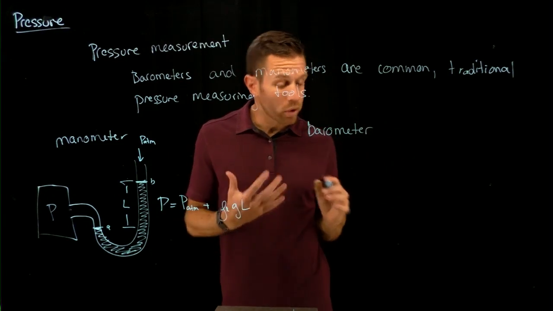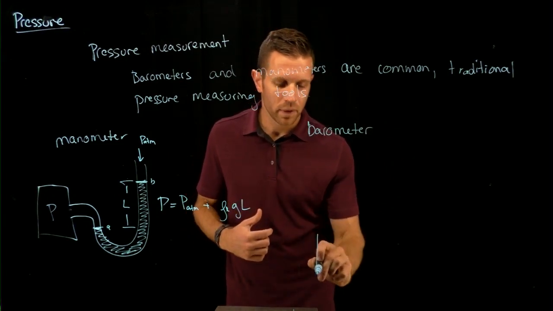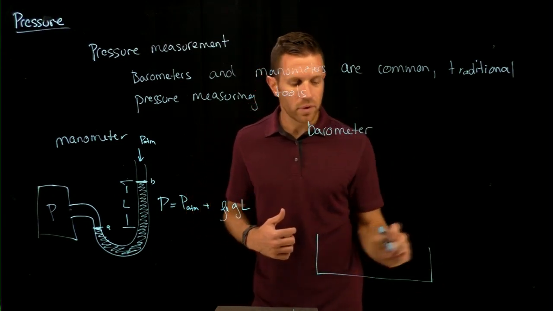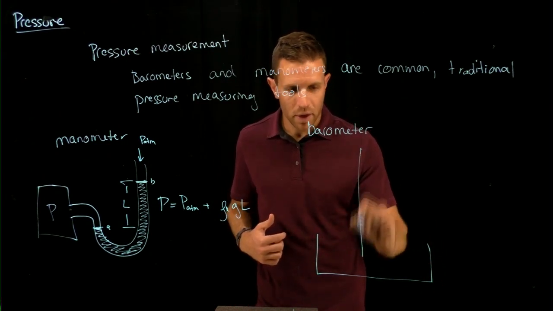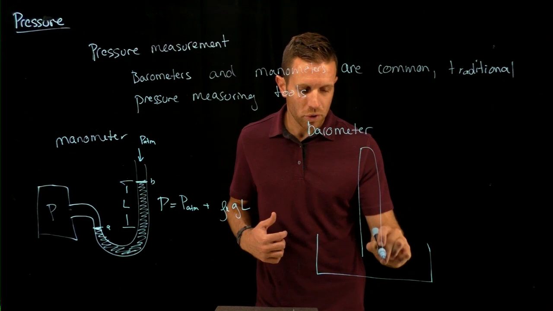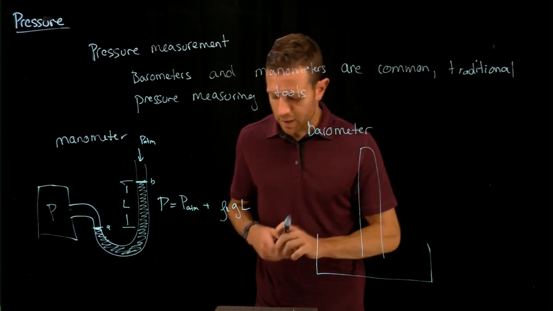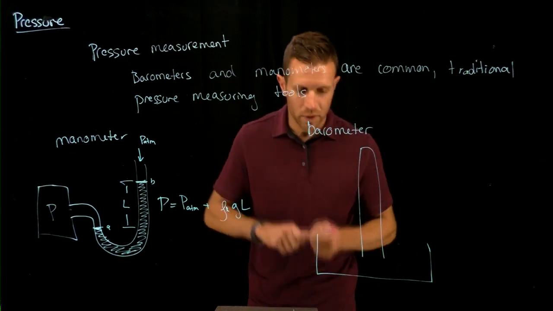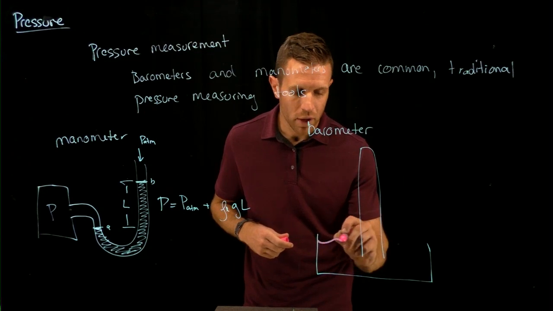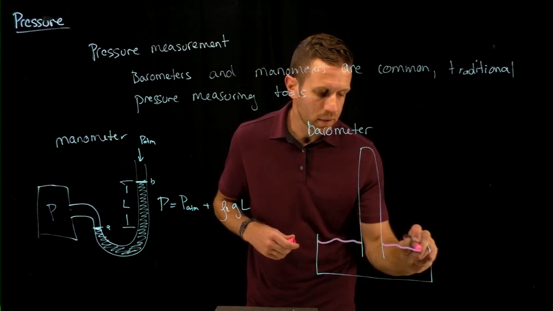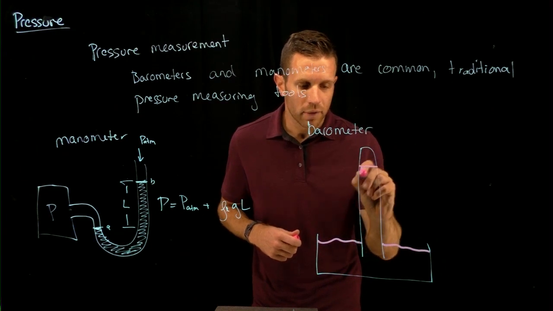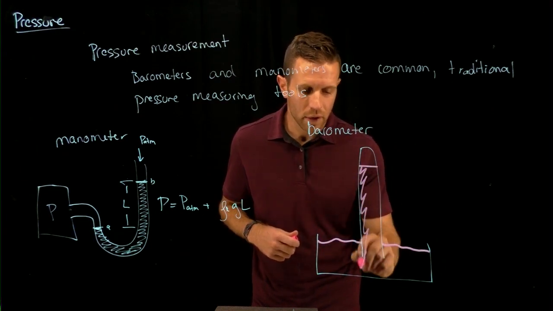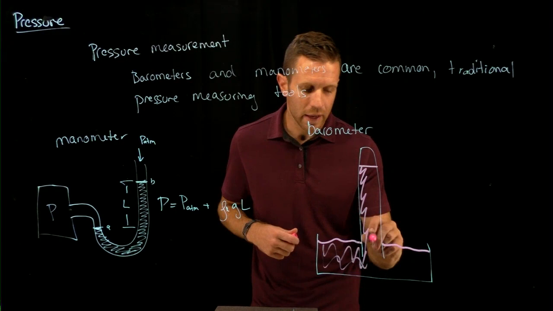A barometer works much the same way. Here we're going to have a bath of fluid and an upside down tube that is submerged in that fluid. I'll change color. The pink will represent the level of the fluid. So maybe the fluid has risen to this height in the tube.